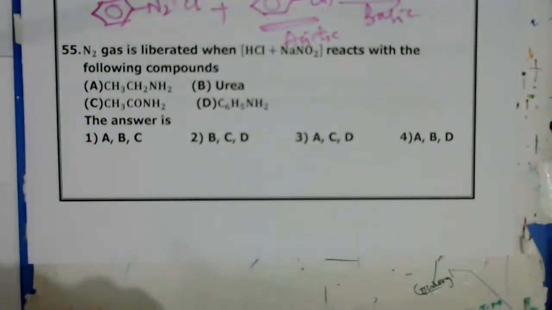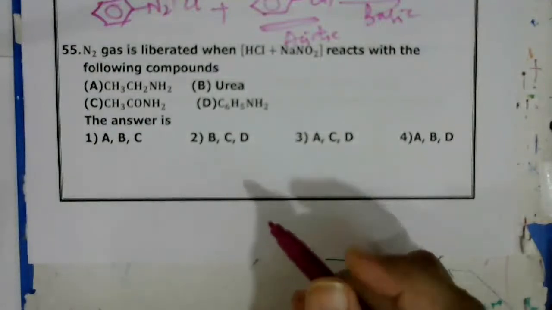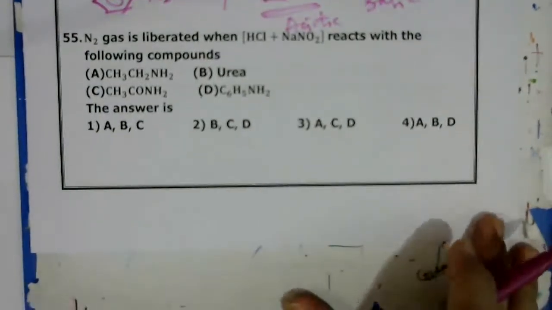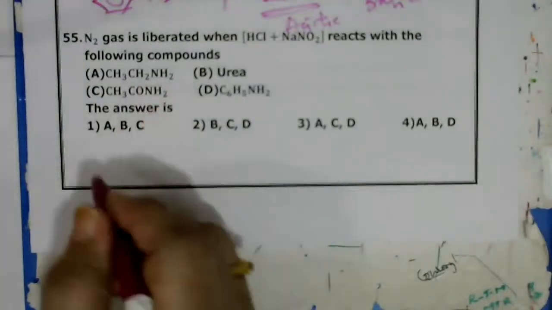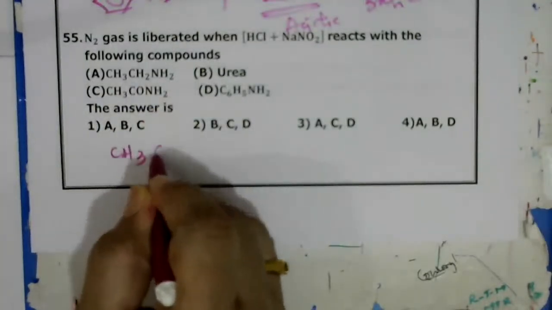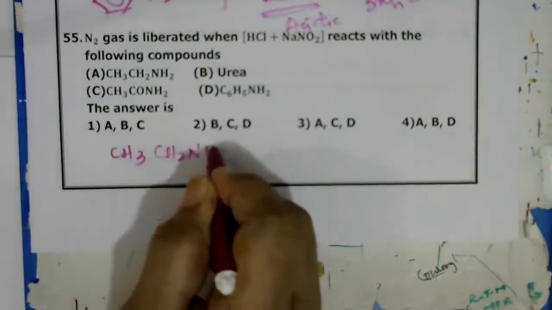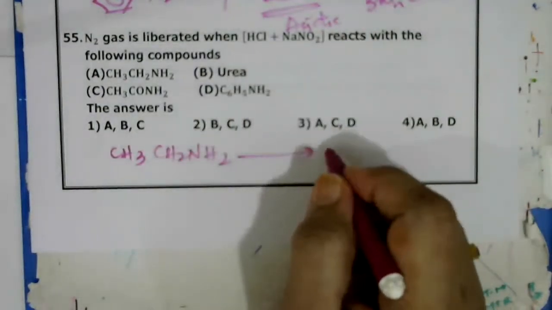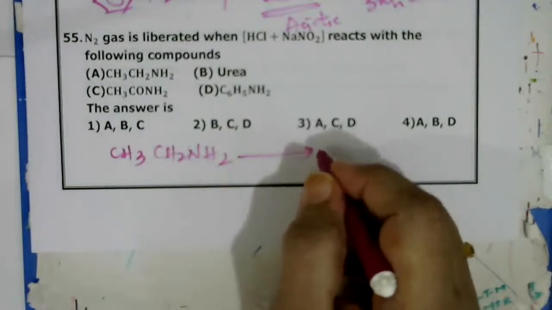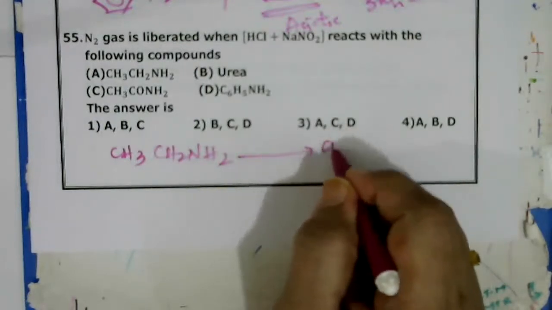So we'll write all the reactions here, children. First, what they have given here? Ethylamine. One by one reaction. Ethylamine with NaNO2 and HCl, it is a primary aliphatic amine.